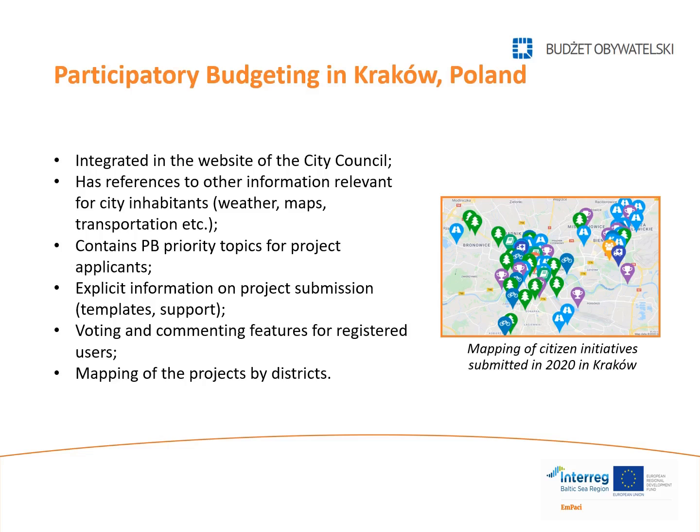It contains participatory budgeting priority topics for project applicants, information on project submission, such as templates, support contacts, etc. Voting and commenting features are also present for registered users, as well as maps, such as the one you can see on the screen.